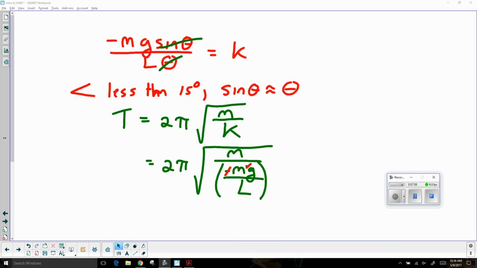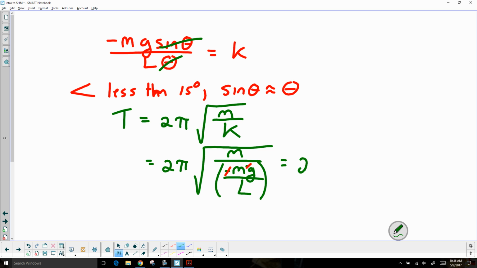And then I'm going to clean up this equation. Remember when we talked during the Kahoot that mass should have no influence on the time period of a pendulum?